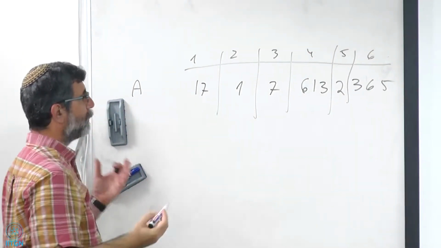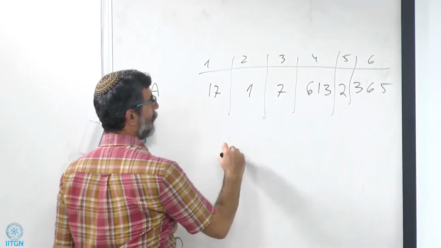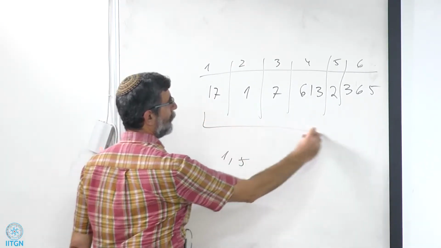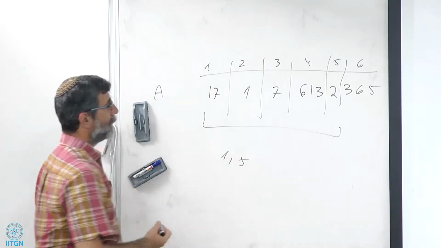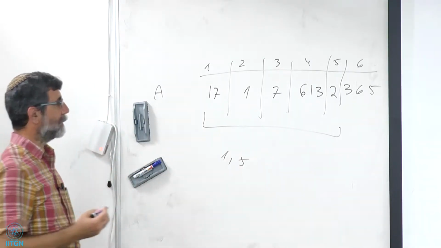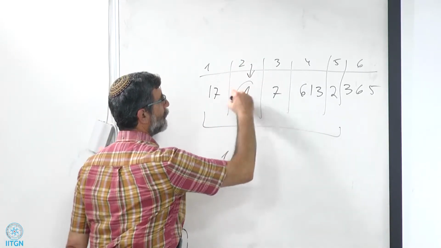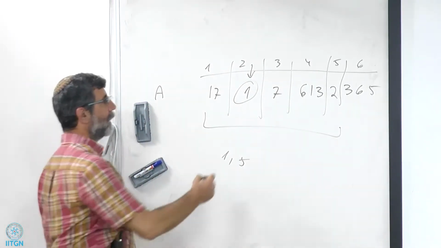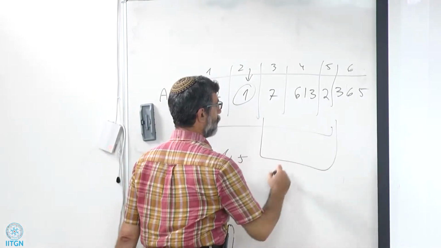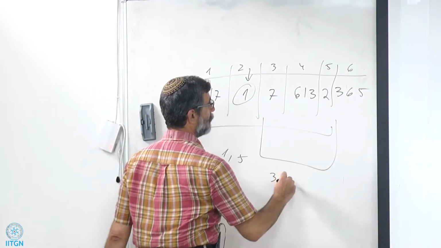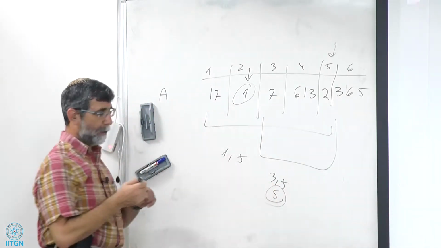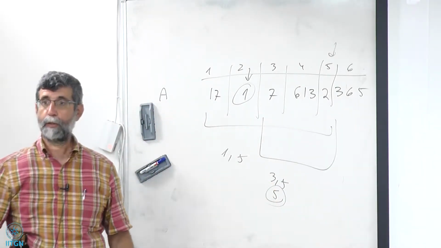Now, the types of queries that we're going to have is, let's say, (1, 5). Within this range we want the index of the smallest number in the range. The index is going to be 2, and that number is 1. Within this range, if the query is (3, 5), the answer we should get is 5, because that's the index of the smallest number in that range.